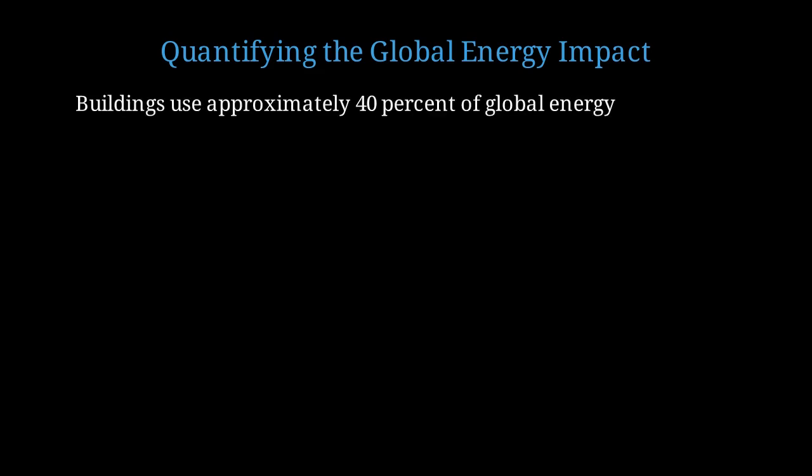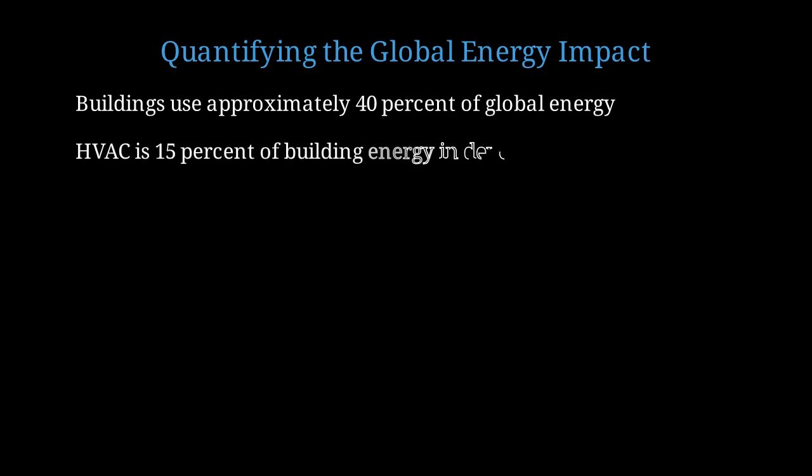Let's think about the global impact. What if we deployed this technology widely? Buildings consume approximately 40% of total global energy, and a large fraction of that is for cooling in hot climates. HVAC systems account for roughly 15% of building energy consumption in developed countries, higher in hot climates.